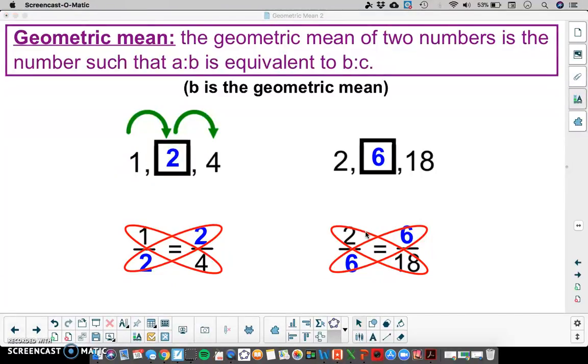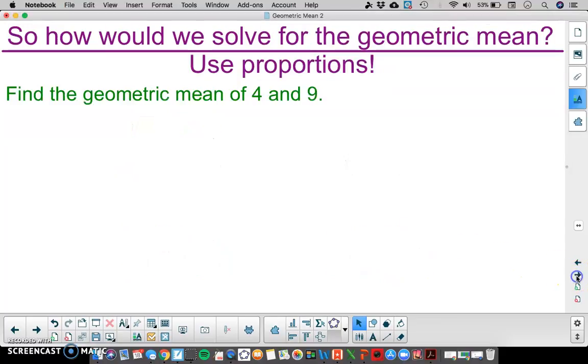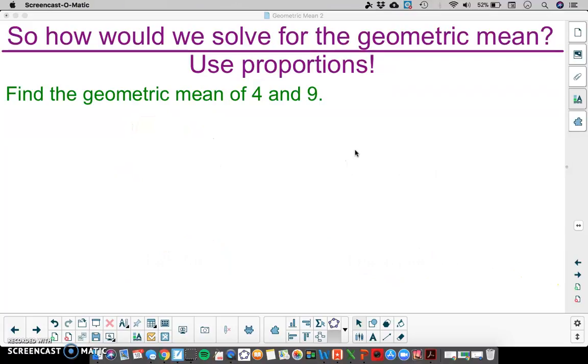These two examples were very simple examples of geometric mean, but what happens when they're not so easy to think about? So how would we solve for the geometric mean? We're going to use ratios and proportions to do that. We want to find the geometric mean of 4 and 9. So let's let the geometric mean be x that we're solving for.